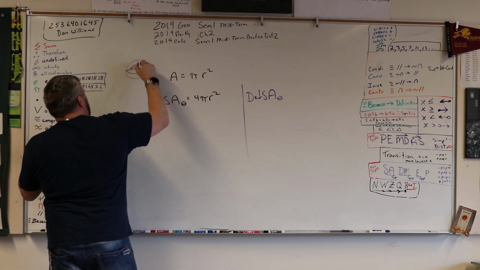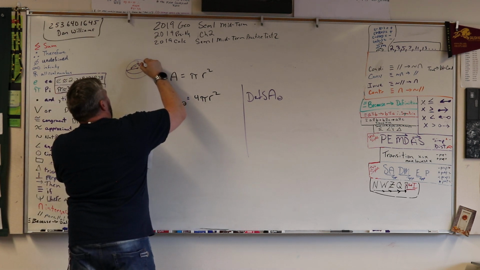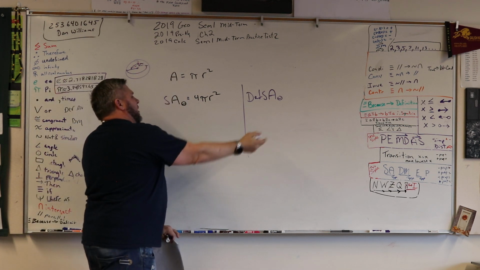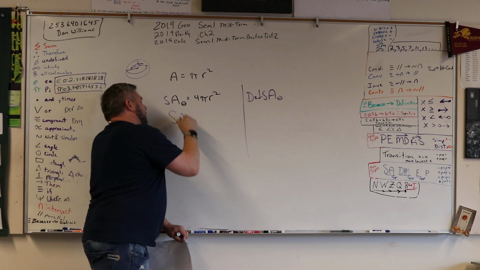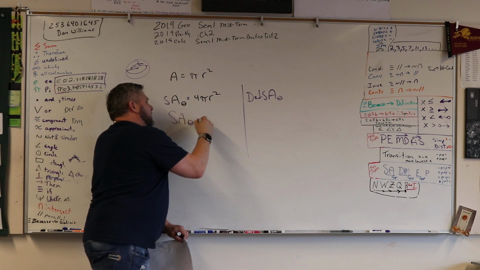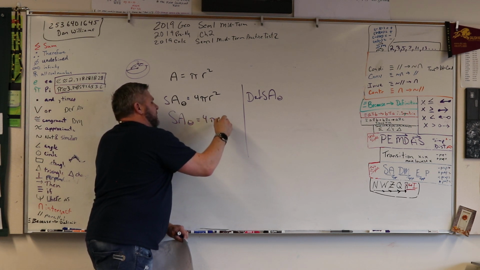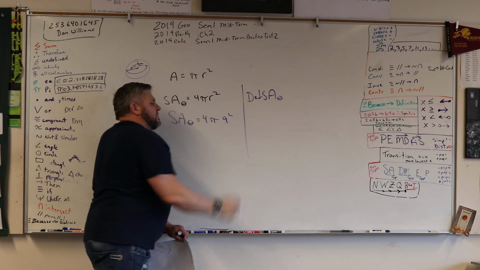So r equals 9. When I plug that in, it's pretty simple. Surface area of a sphere is equal to 4 times pi times r, which is 9, squared.